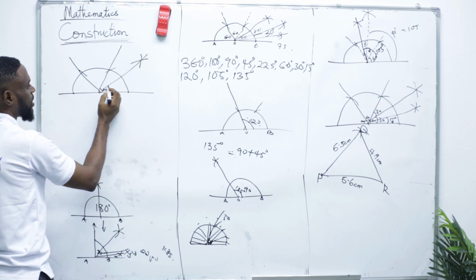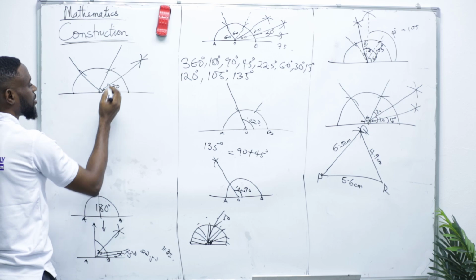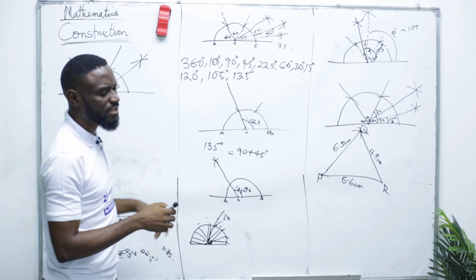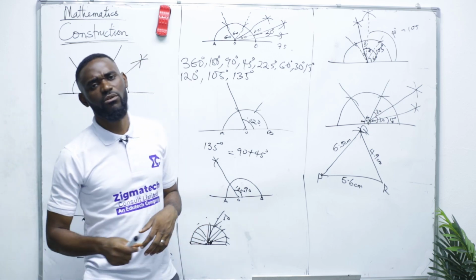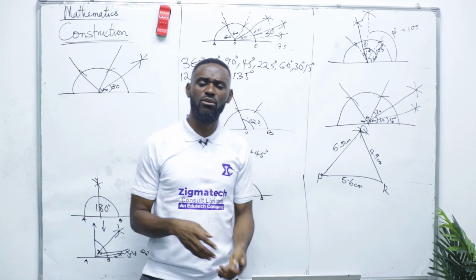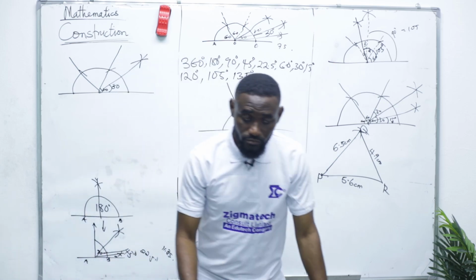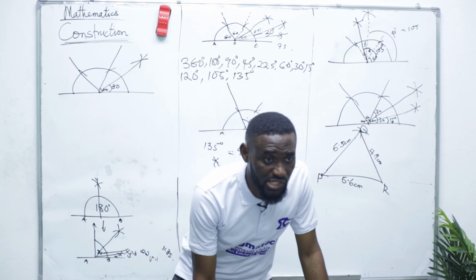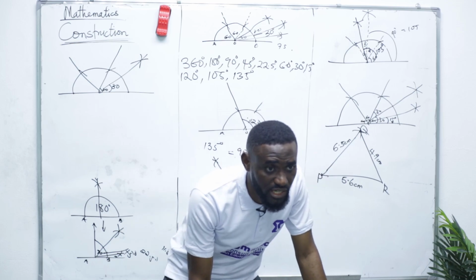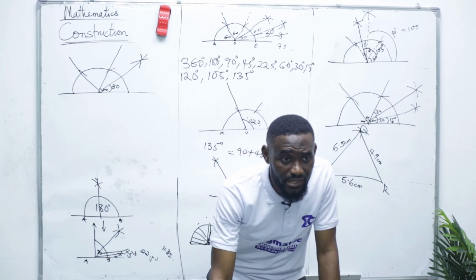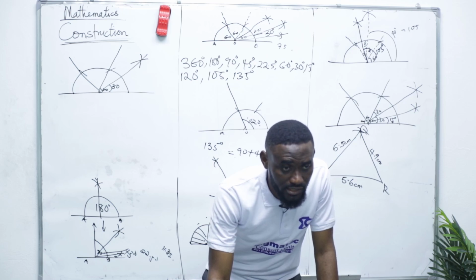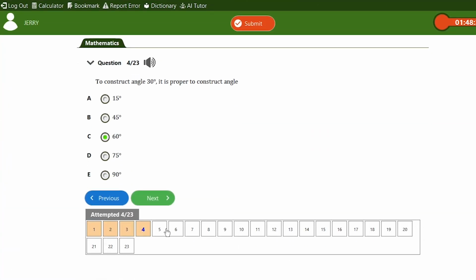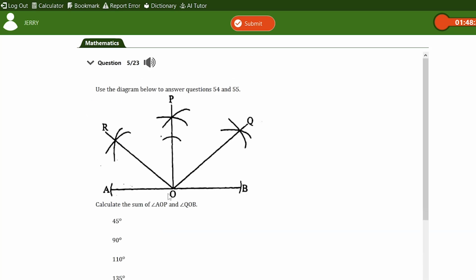Bisect here, so that we can get 30 degrees. So to get 30 degrees, we must first of all construct 60 degrees. It's from 60 degrees that we can conveniently get 30 degrees. Is that okay now?